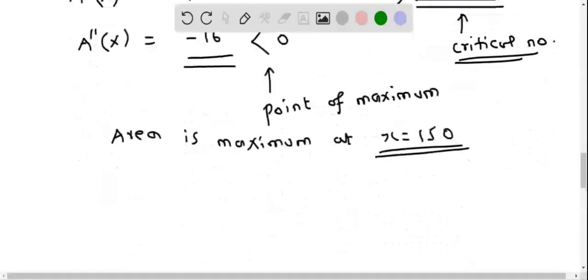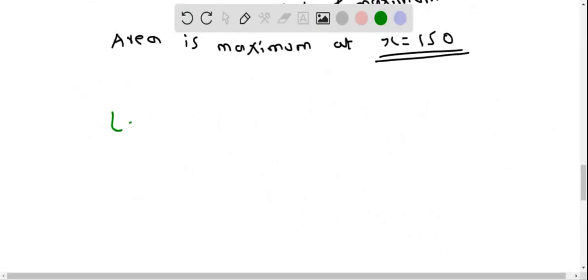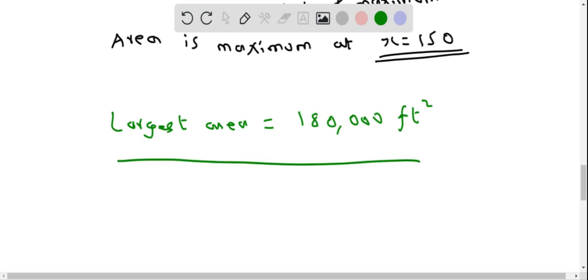We can write this in the final step. That is, the largest area equals 180,000 feet squared. Since the unit of area is unit square, we have to put the appropriate unit as well. So we have found the largest area using the calculus method.